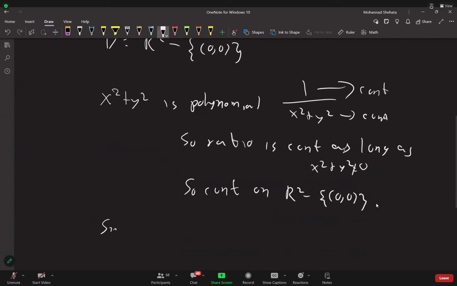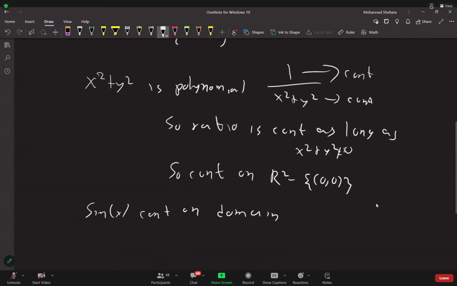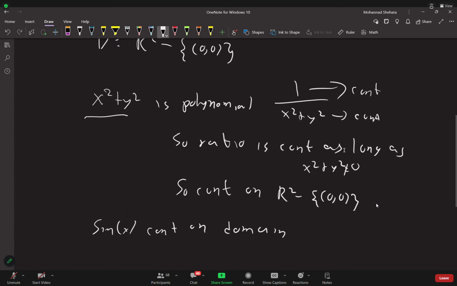Now we consider sine x, continuous on R. We know that sine x is continuous on its domain. By composition, if the inner function is continuous at a point, and the outer function is continuous at the evaluation of that point at the inner function, then the composition is continuous.